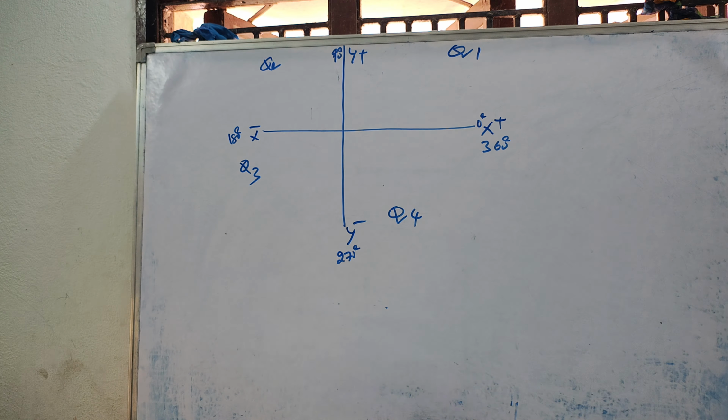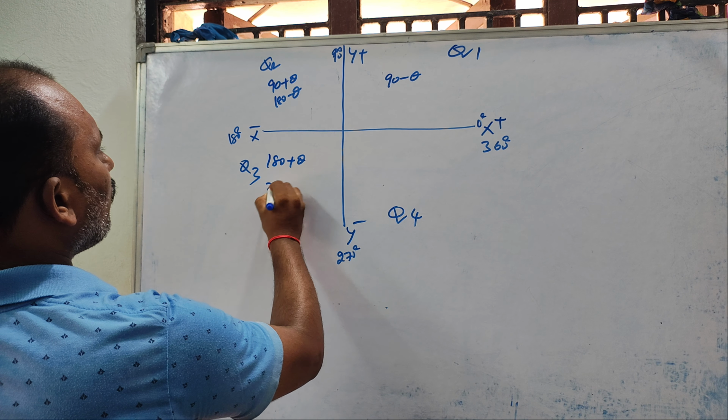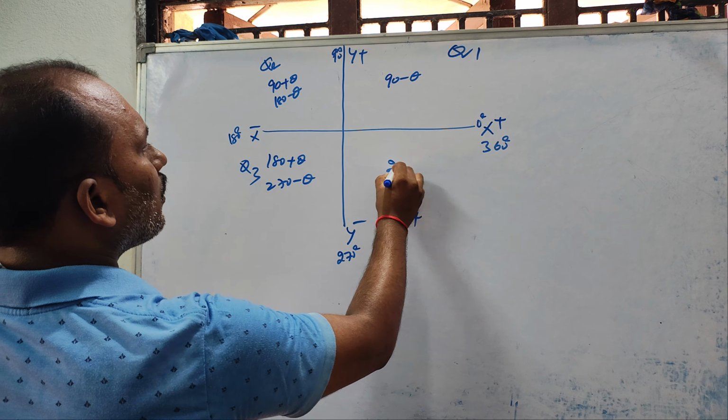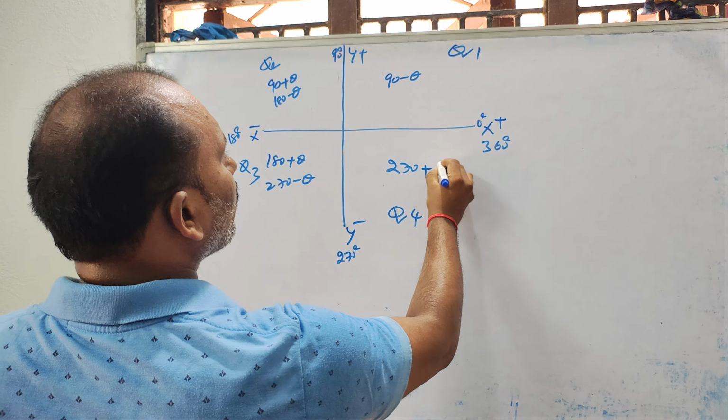Here I am above 90 and below 180. Here I am above 180 and below 270. Here I am above 270 and below 360. This is very, very important.